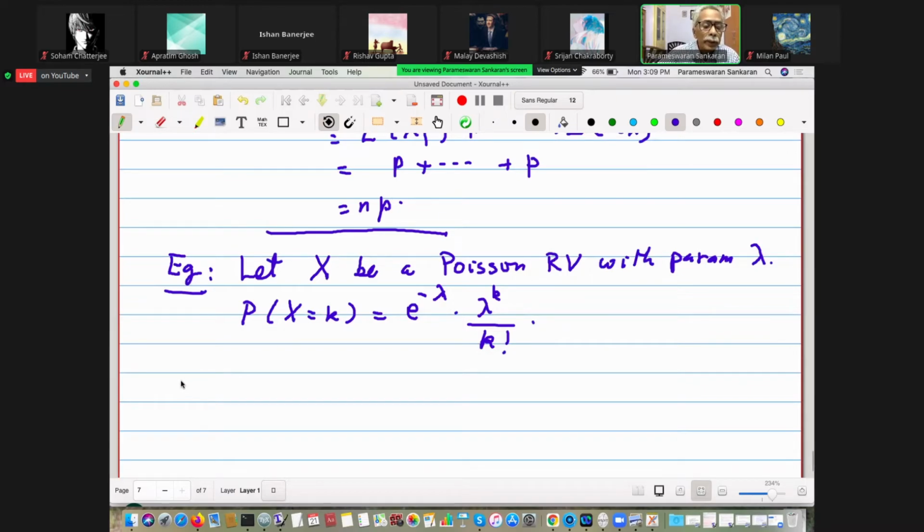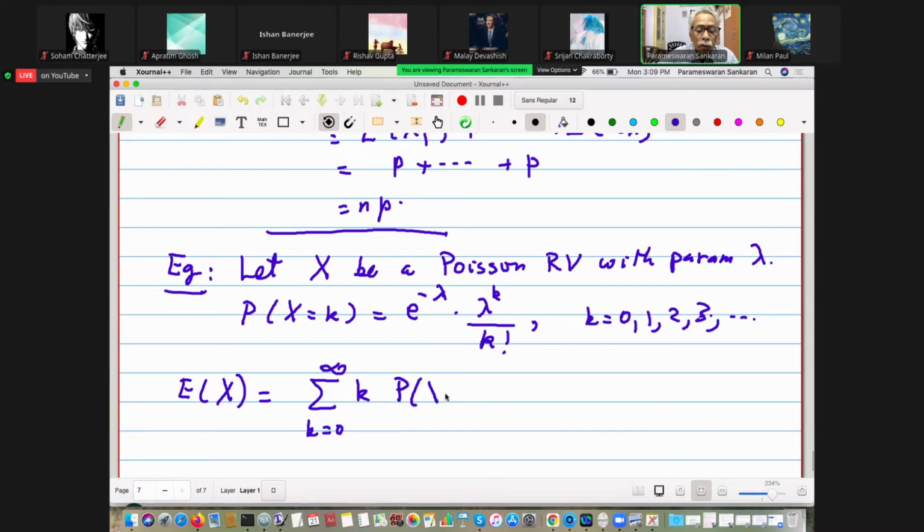What is the expectation of x? Here k takes values 0, 1, 2, 3. Just apply the definition: the sum over k equals 0 to infinity of k times P of x equals k.